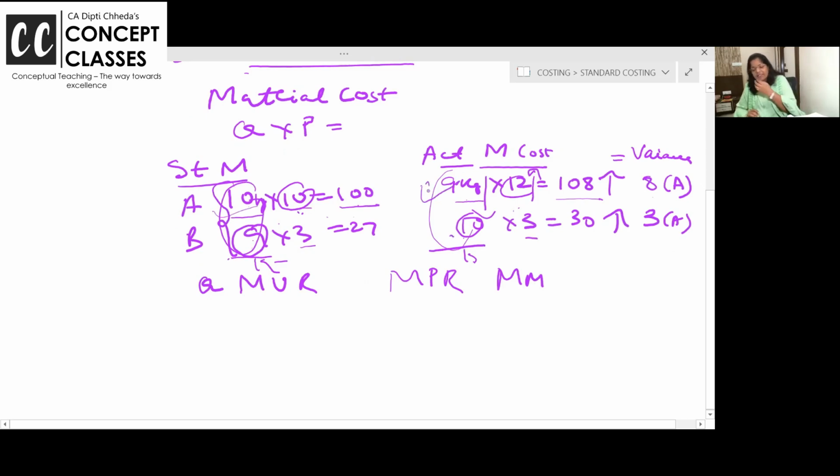So like this, after doing all these chapters, now listen carefully. We know this is my material cost. This should have been, standards are made with some predetermined benchmarks. Standard: to make 1 unit, 10 kgs of A and 9 kgs of B are needed. Actual is this. Now compare and get the variance.